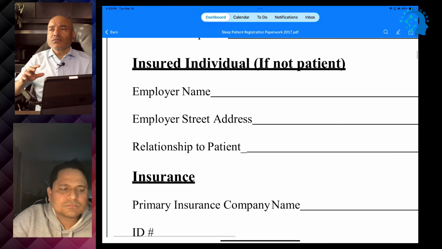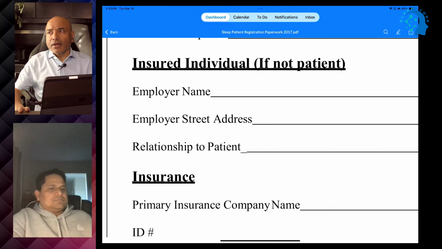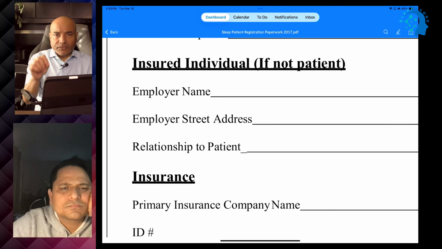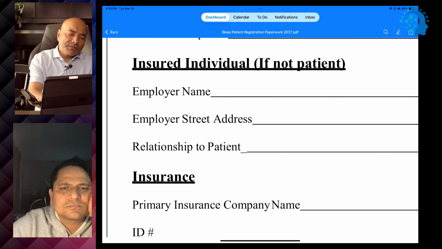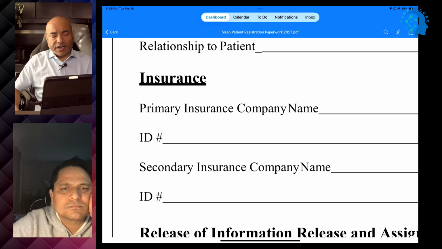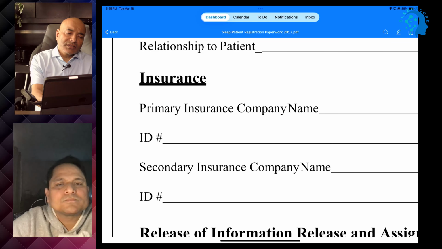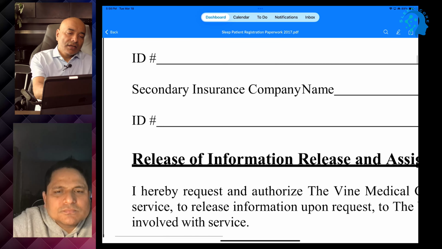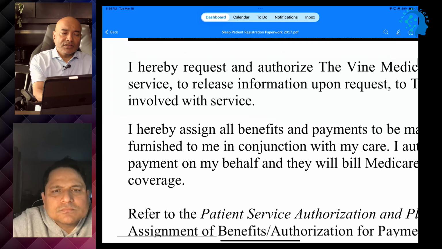And this is what we ask the patient. We give this form to fill out before we do the sleep test. This is like an insurance thing. They put their primary insurance so that we can charge them, and this is the release of information.